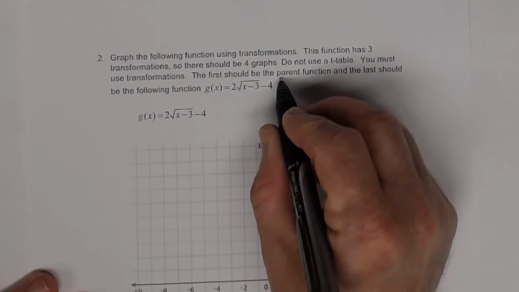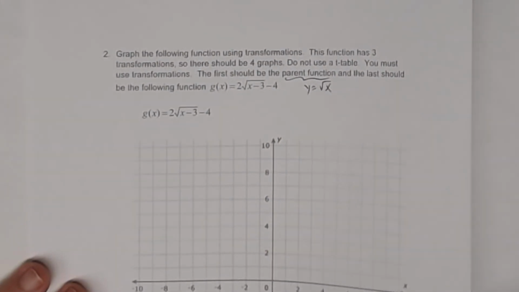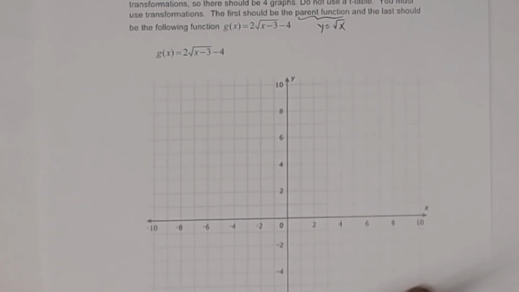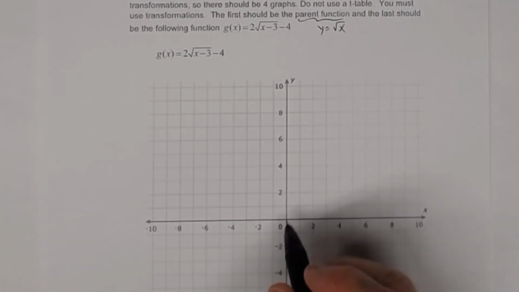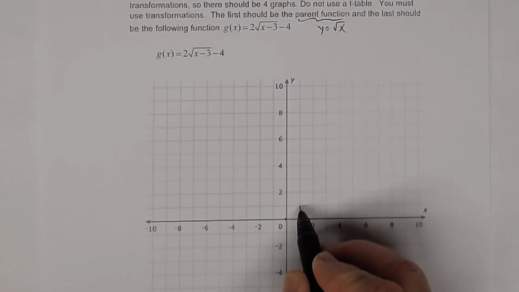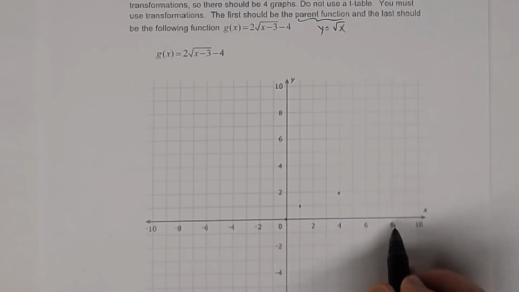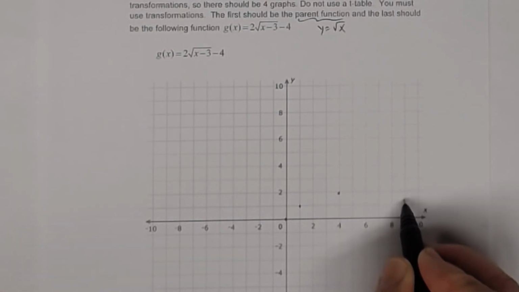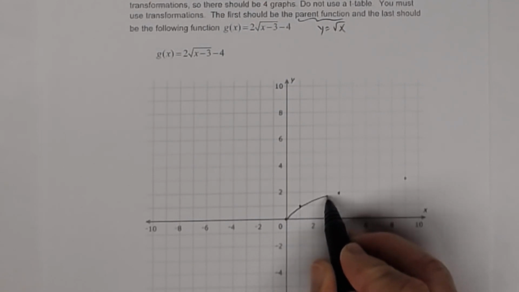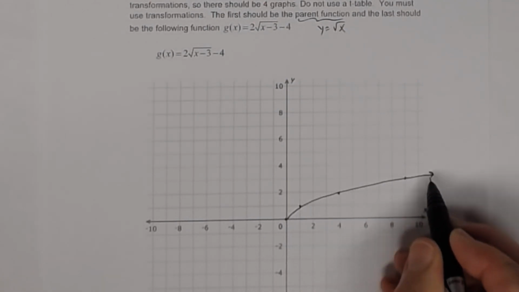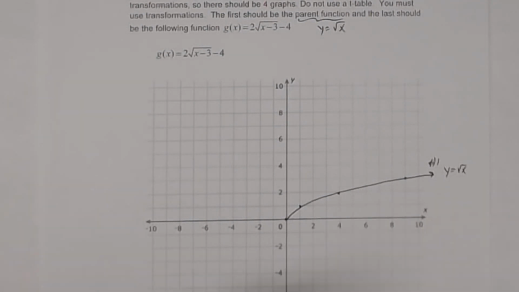There are certain points I need for you to graph for the parent function: 0, 0. Then the square root of 1 is 1. The square root of 4 is 2. And the square root of 9 is 3, right? And so this graph right here is the parent function. So that's number 1, y equals the square root of x.